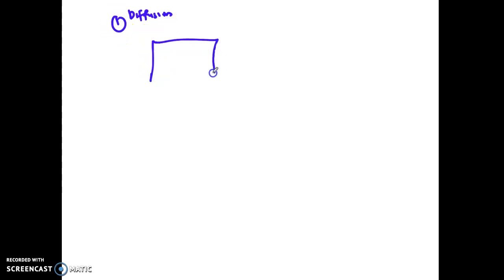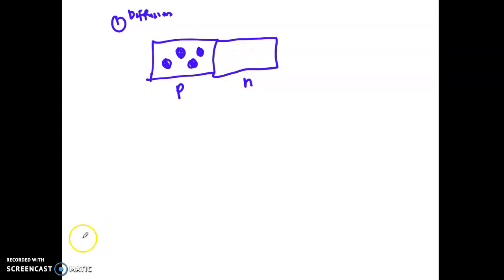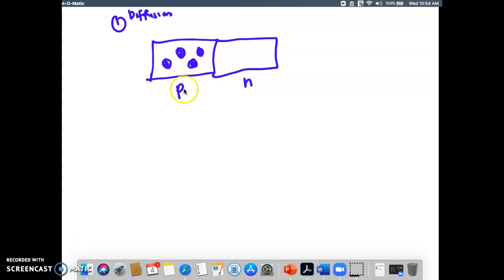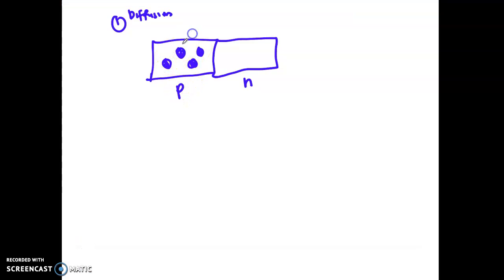So let's say this is p-type. What will happen when we start to put p and n side by side? In p-type, the majority carrier is hole. In your n-type, what is the minority carrier?